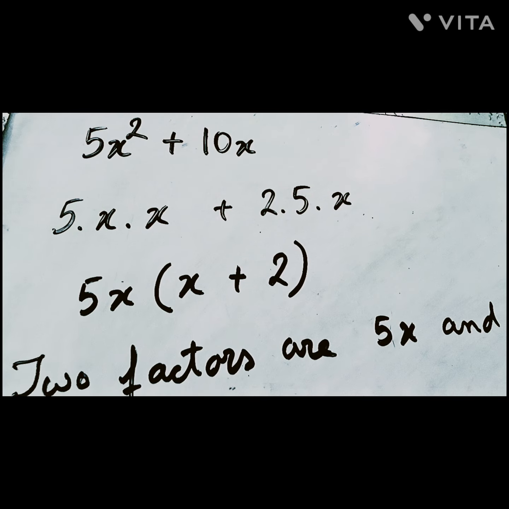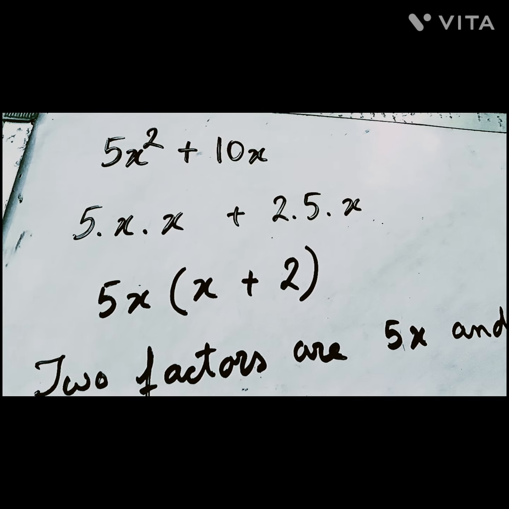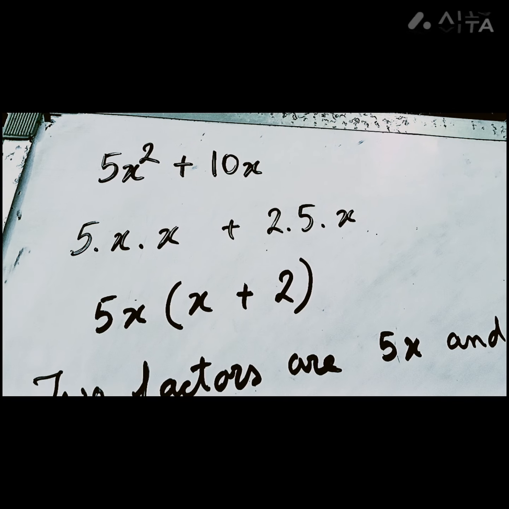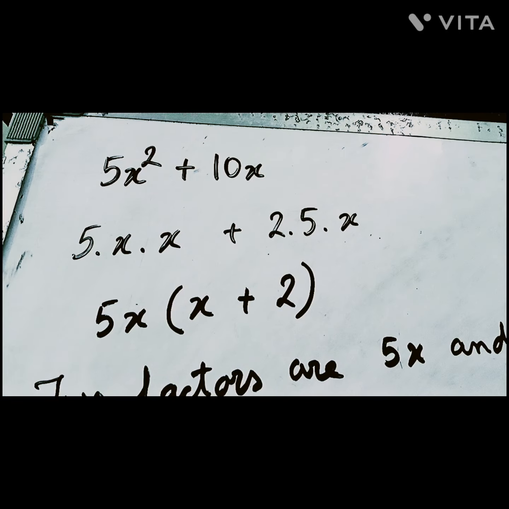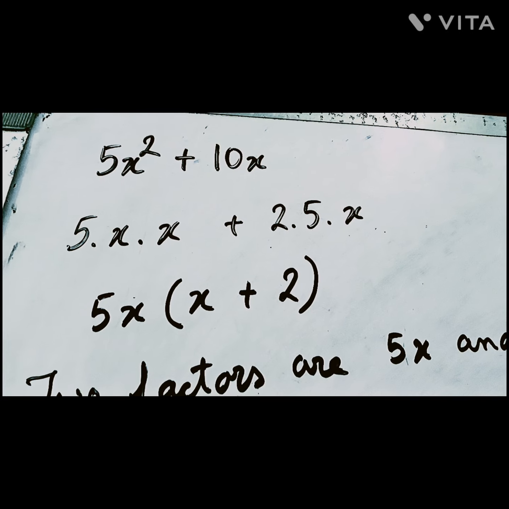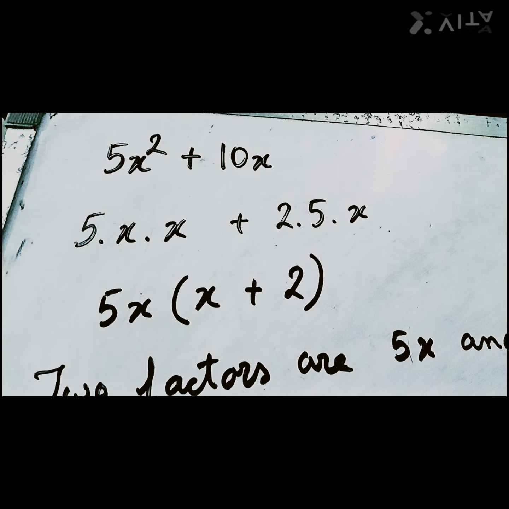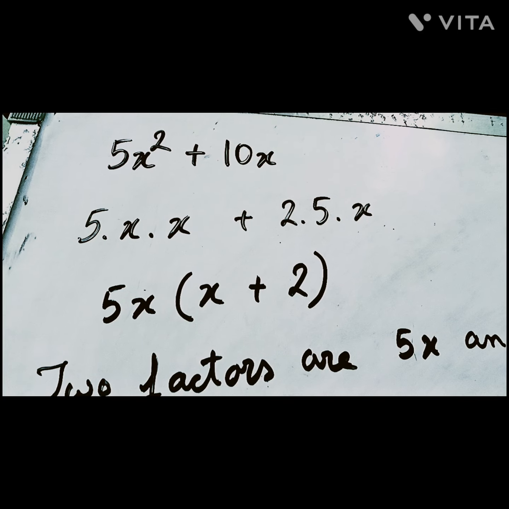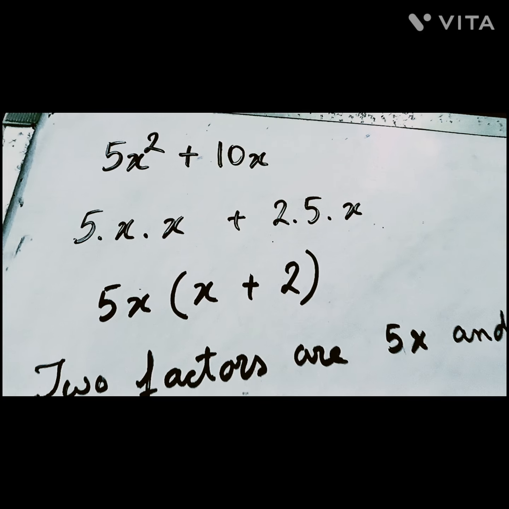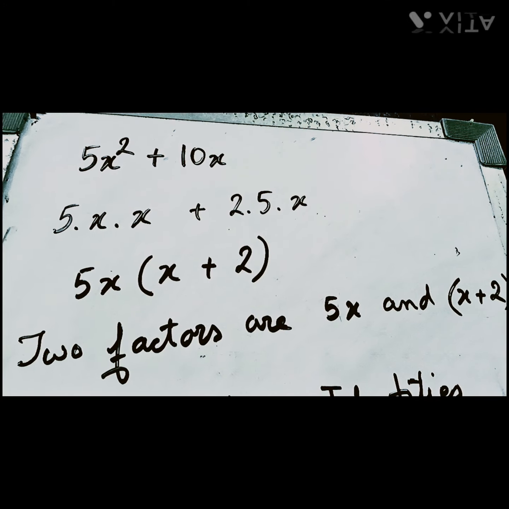So 5x I put outside the bracket, and the uncommon factors: in the first term, the uncommon factor is x, and in the second term, the uncommon factor is 2. So 5x bracket open x plus 2. So the two factors are 5x and x plus 2.